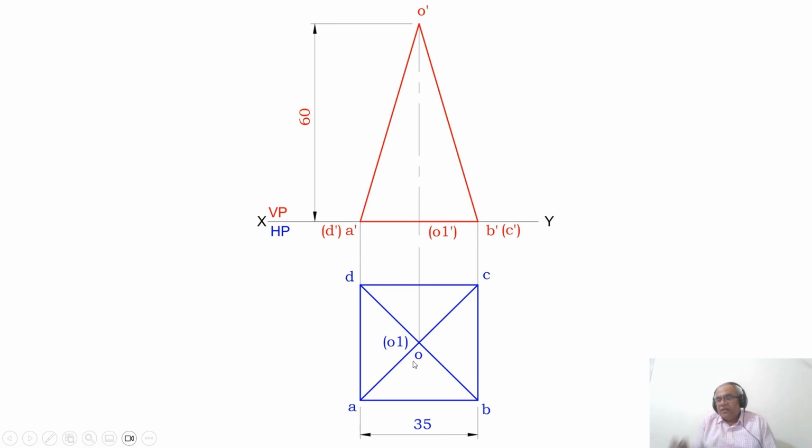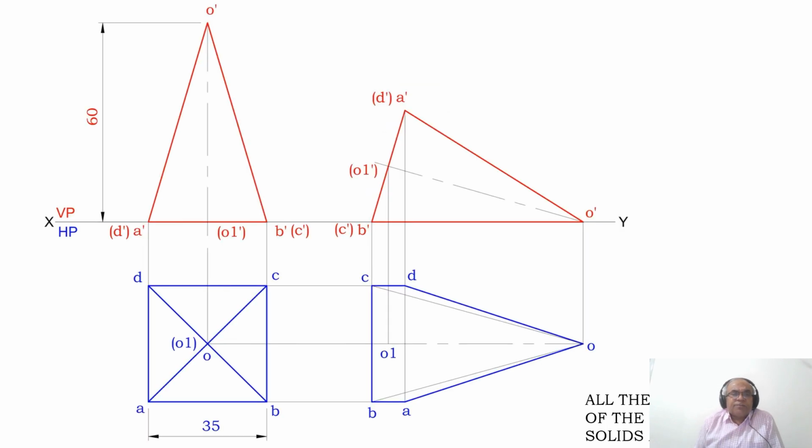In other words, if a solid has to rest on HP on a triangular face, make that triangular face perpendicular to VP. In other words, the edge containing the triangular face has to be perpendicular to VP in the top view. So this is how you will be able to analyze it. Then he says one of the triangular faces is resting on HP.